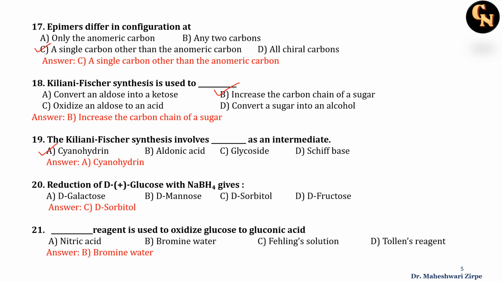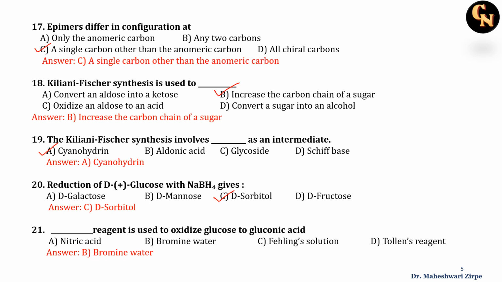So it is cyanohydrin. Then next is reduction of D plus glucose with sodium borohydride gives dash. Reduction of D glucose: D is your second last carbon, OH group is on the right hand side. When reduced with sodium borohydride, basically it will give you D configuration and sorbitol is the answer.